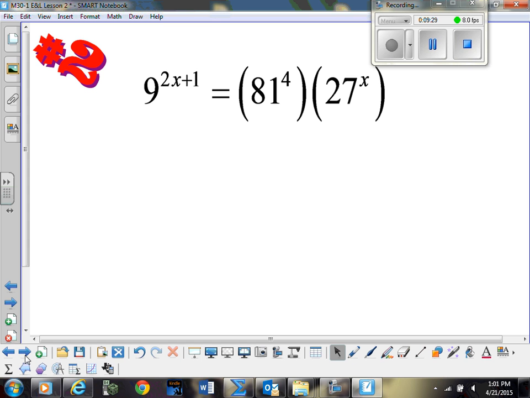So if you recognize powers of 2, powers of 3, powers of 4, it's going to make these a lot easier. And this is obviously powers of 3. We could leave it as base 9 if it was just the 9 to the 2x plus 1 and 81 to the 4. But 27, it's not an easy change to make it a base 9. So let's use base 3.